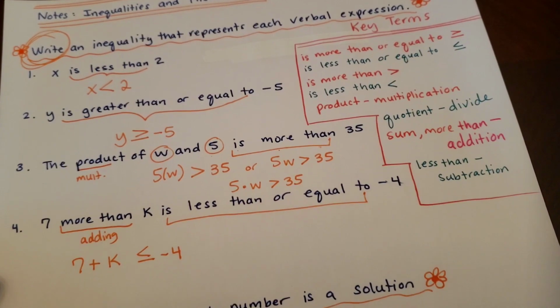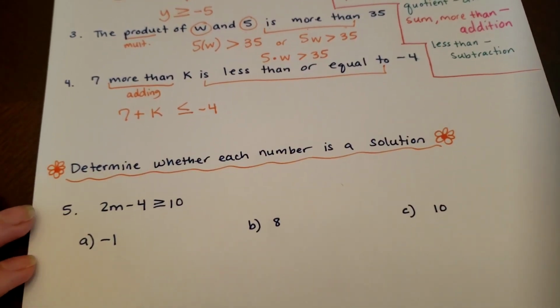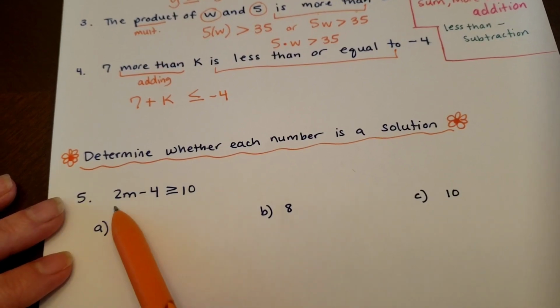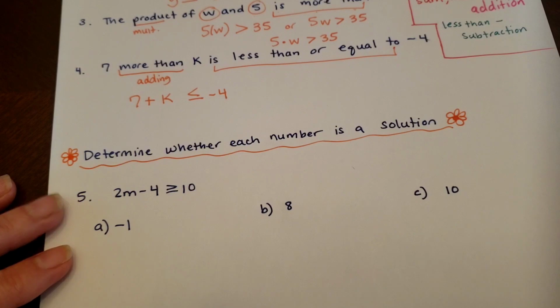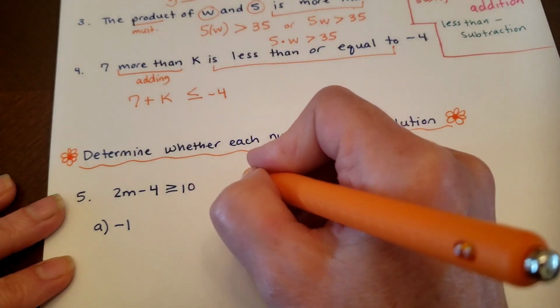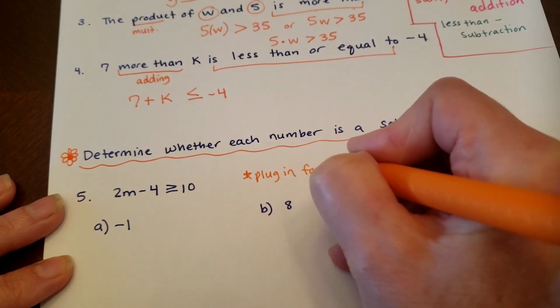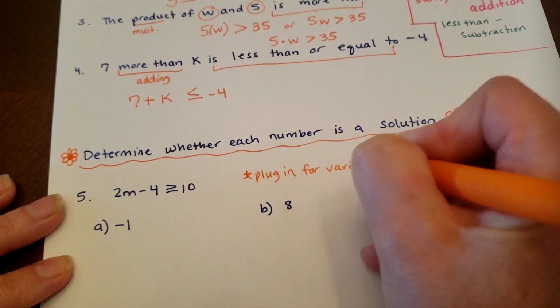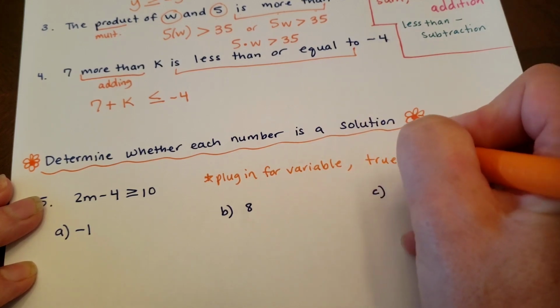All right, the next set is going to ask us to test if it's a solution. So on your homework assignment, you'll have an inequality and then they'll give you like an A, B, C. You're basically going to take these 3 values and you're going to plug them in for the variable. And then you're trying to see if you get a true statement.